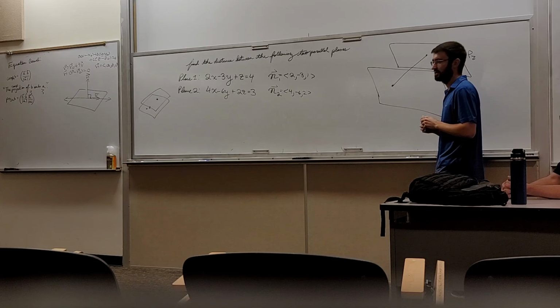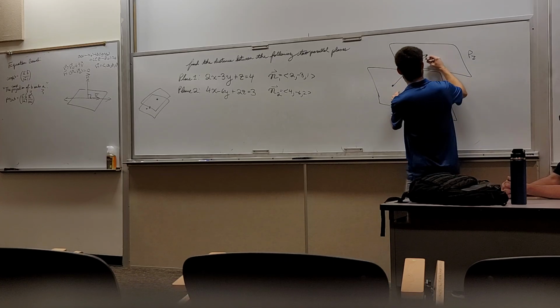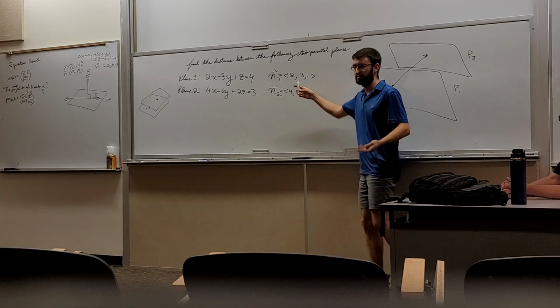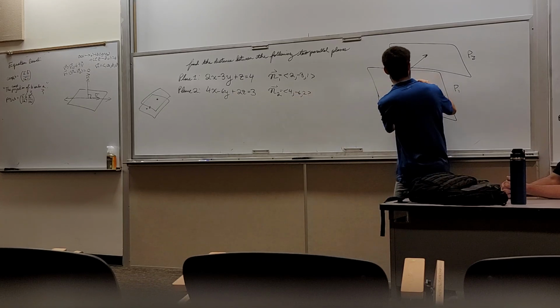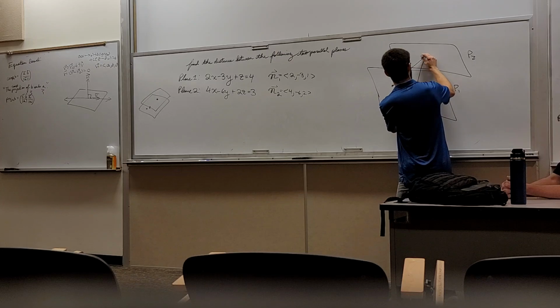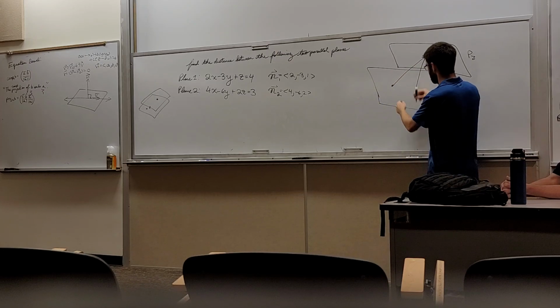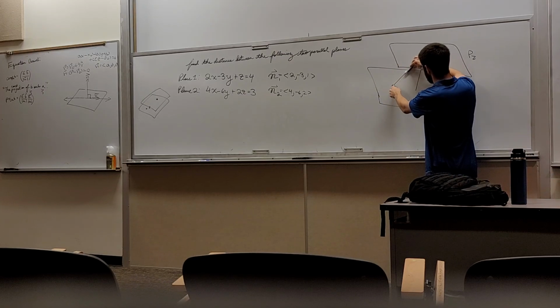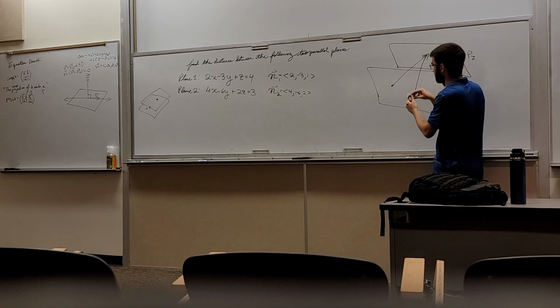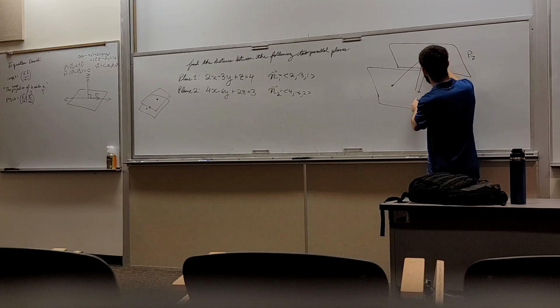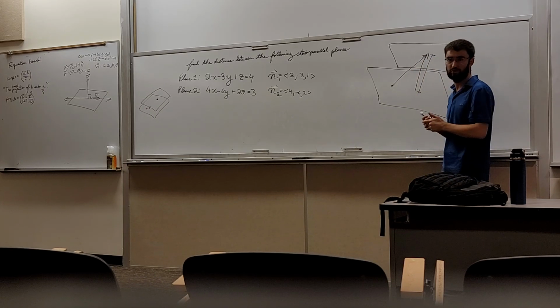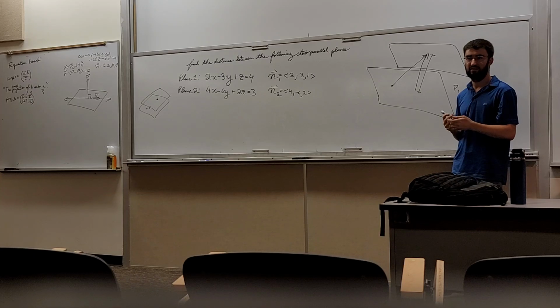I'm going to take the normal vector for both of the planes, because that normal vector will be the same. And then I'm going to take the projection of the displacement vector onto the normal vector, because that will give me this length, which is the scalar distance between the 2 planes. Does everyone see what I'm going to try to do here?